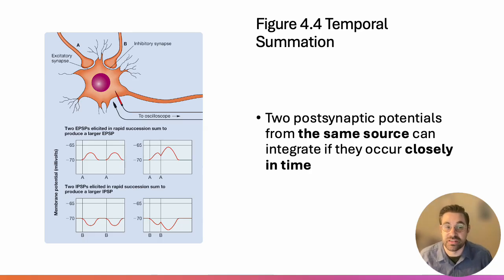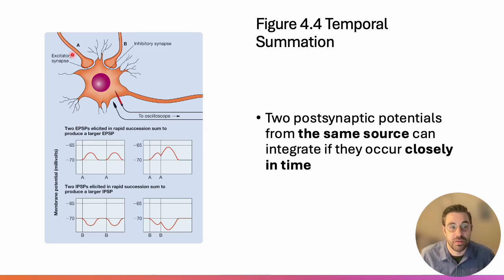Temporal summation works in a very similar way. I can take two signals and add them up, but in this case, they're not coming from different places. They're coming from the same place. So I've got neuron A connecting to this neuron, and if neuron A fires twice over a long sequence, we're going to get a little EPSP, and then another little EPSP, and nothing much is going to happen.